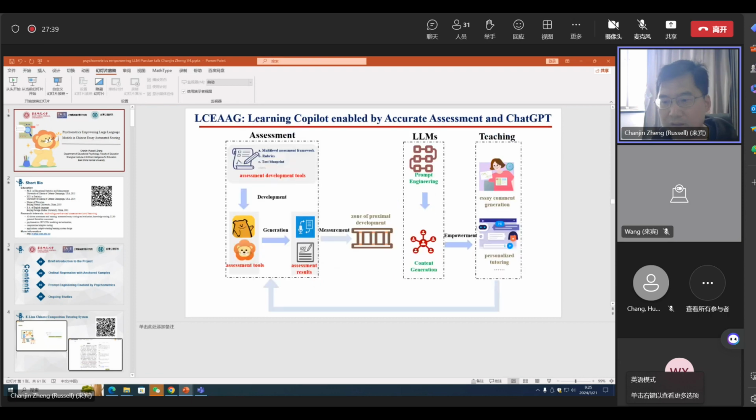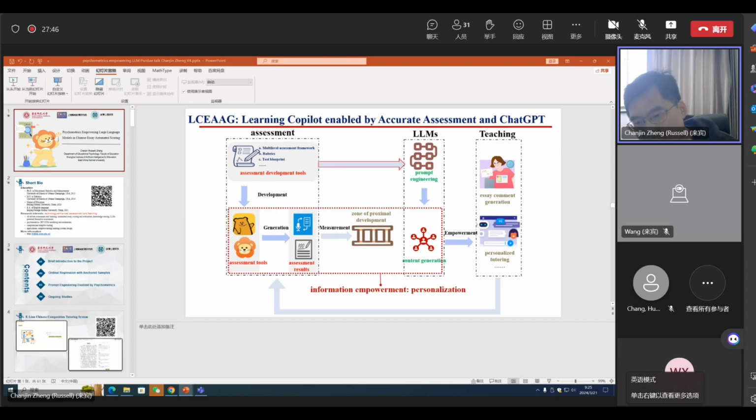So how can we do this? We have to combine them together. At least we can use the information from the assessment expert system to help content generation, right? But we proposed more. In psychometrics, before we get the final assessment tools, we have more devices to help us develop scientifically rigorous tools.